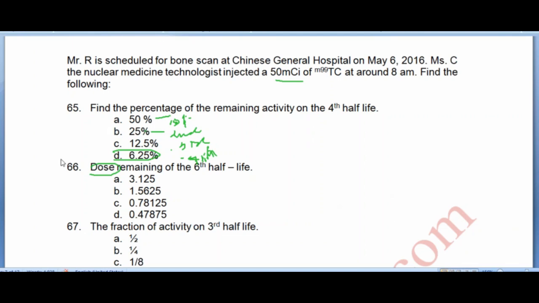Anyway, what we are looking for is the remaining dose after the sixth half-life.